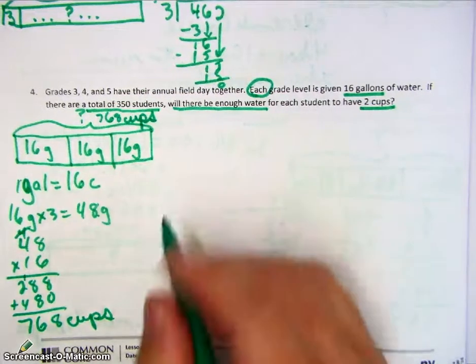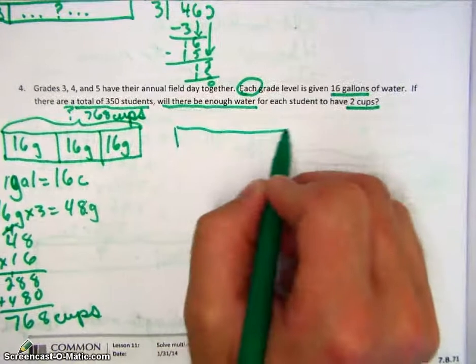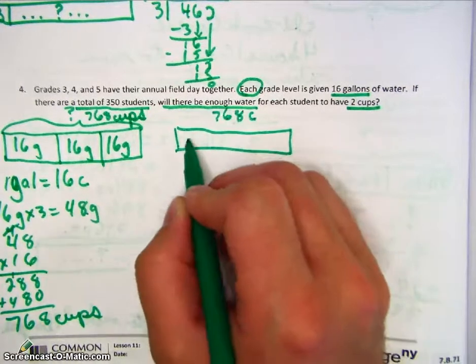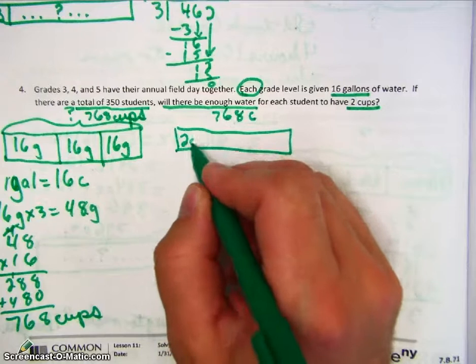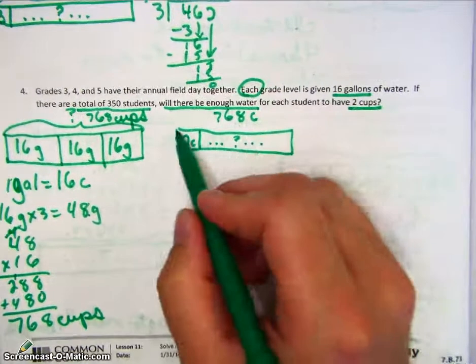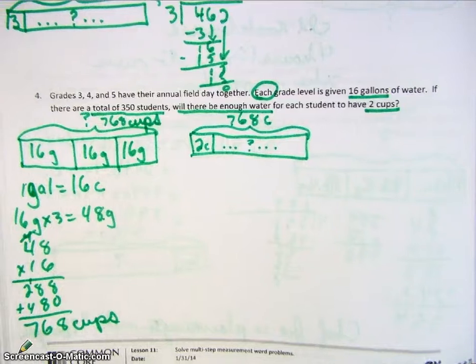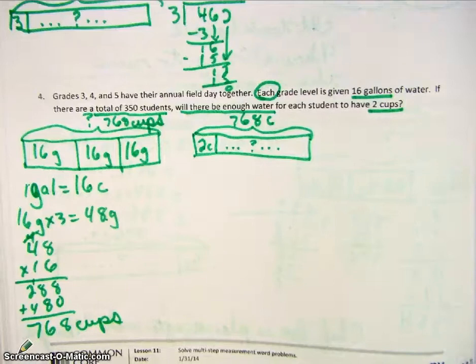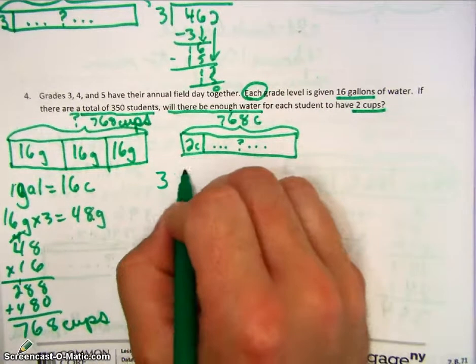So now what we need to know is if we have a total of 768 cups, each student is getting 2 cups, are they going to have enough for their 350 students? Okay. So if we think about it, we have 350 students.